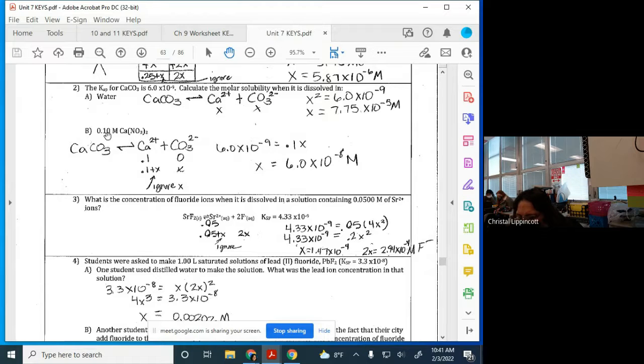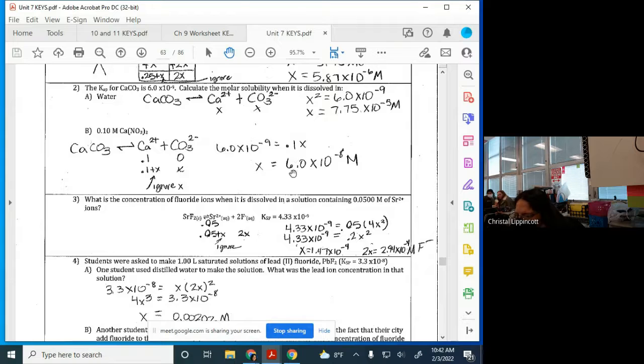Okay. Yeah, so we're figuring out the molar solubility for the CaCO3, but it's in this solution. So we already have some calcium in there. We're going to ignore the X because it's going to be so tiny compared to what this 0.1 is. The 0.1 would overwhelm it.